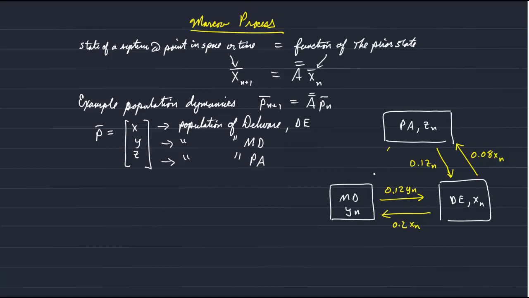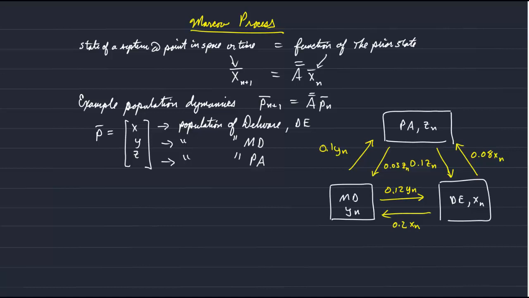And then finally, the interaction between Pennsylvania and Maryland is that 0.3% of people from Pennsylvania move to Maryland, and 10% of people from Maryland move to Pennsylvania.